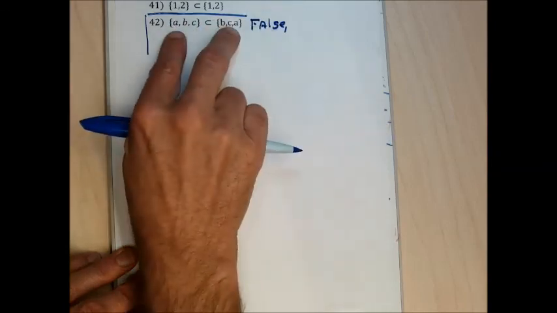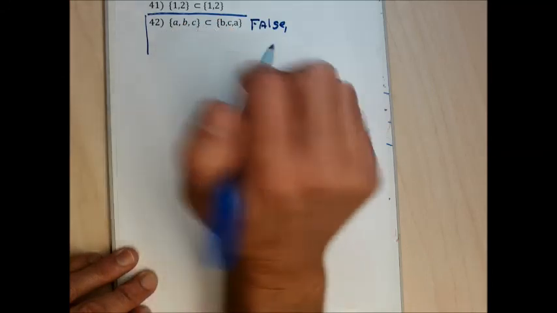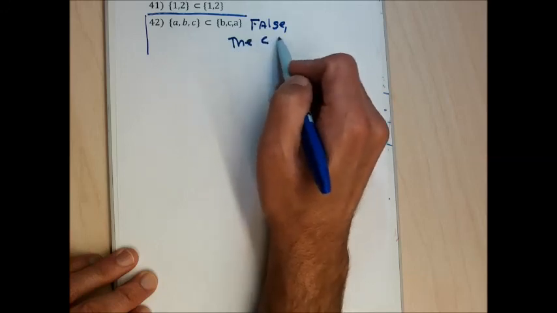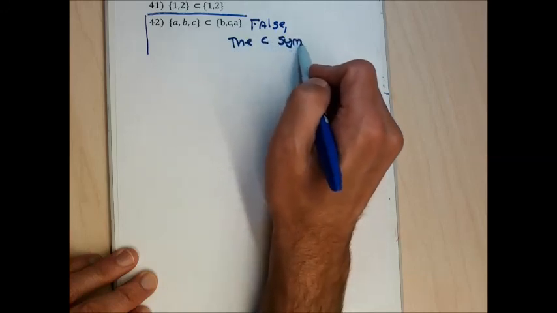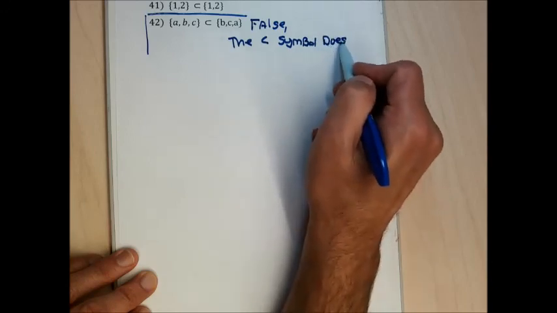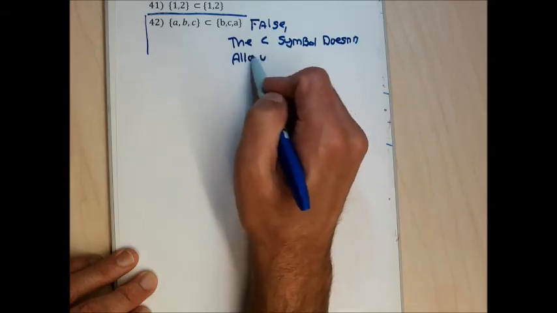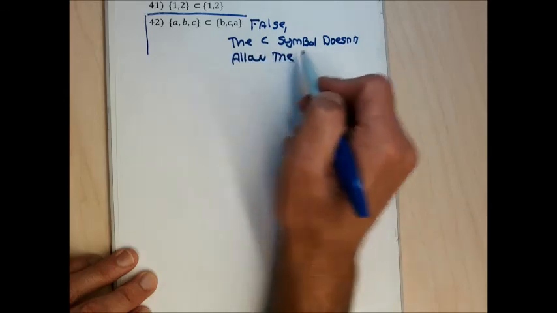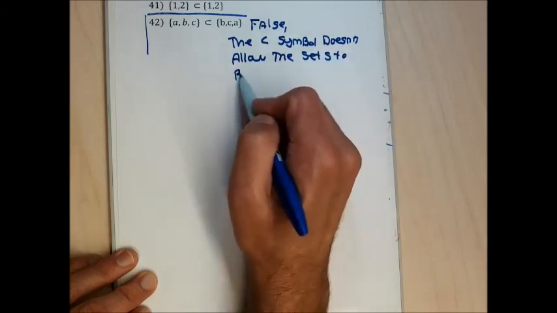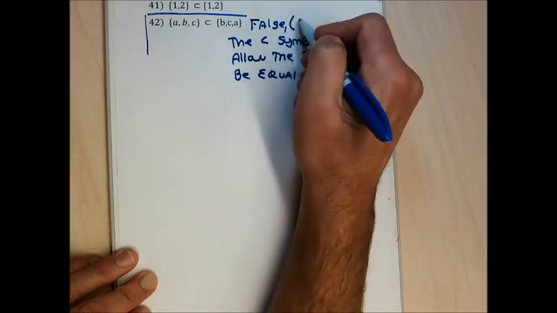And the reason it's a false statement is the sets are equal, and this symbol doesn't allow the sets to be equal. So I can say the proper subset symbol doesn't allow the sets to be equal, and they are. So the reason it's false is the sets are equal.